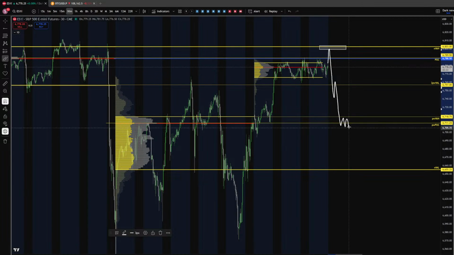When price stalls below this value area high, I would expect it to move at least into this.